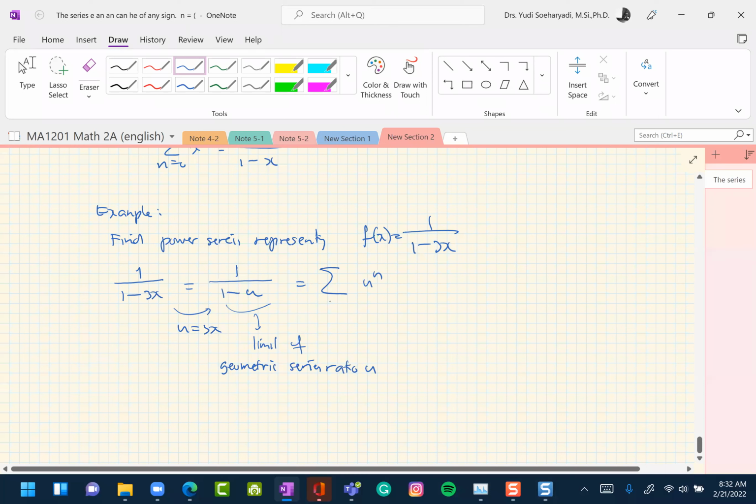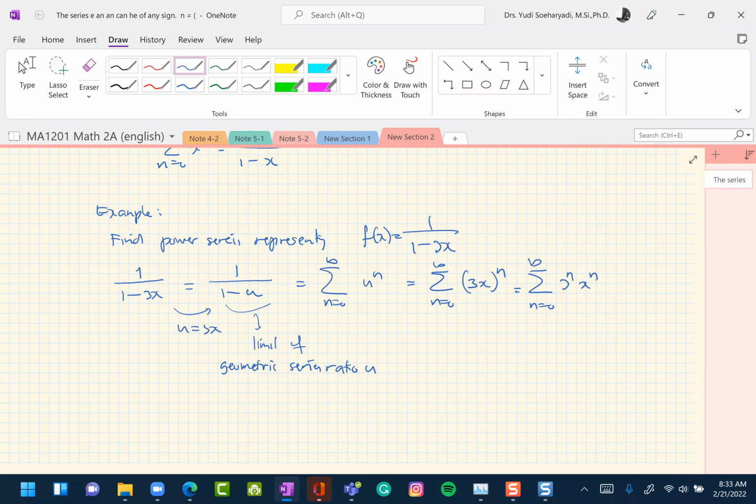Okay, so this is the sum of u to the n, that means 3x to the n, or you can say 3 to the n times x to the n. Okay, so this is this power series.